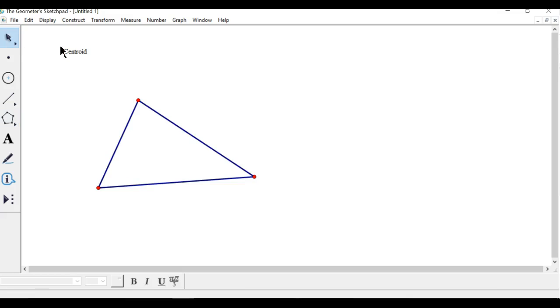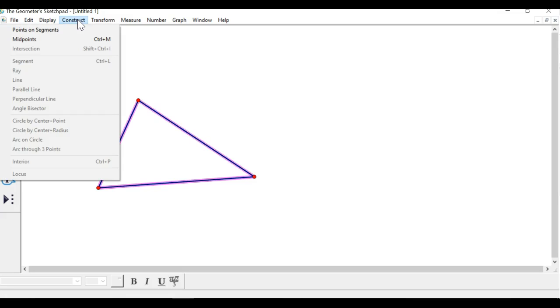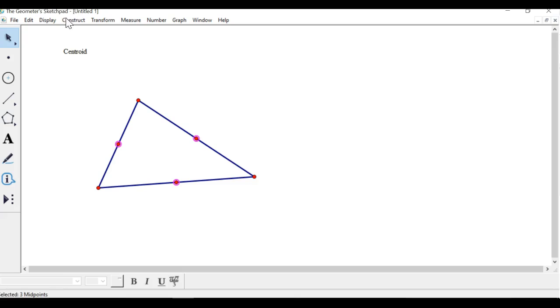And I'm going to build the three medians. So in order to build medians, I have to have midpoints, right? So I'm going to construct midpoints. And then I'm going to construct three medians. One here, one here, and one here.